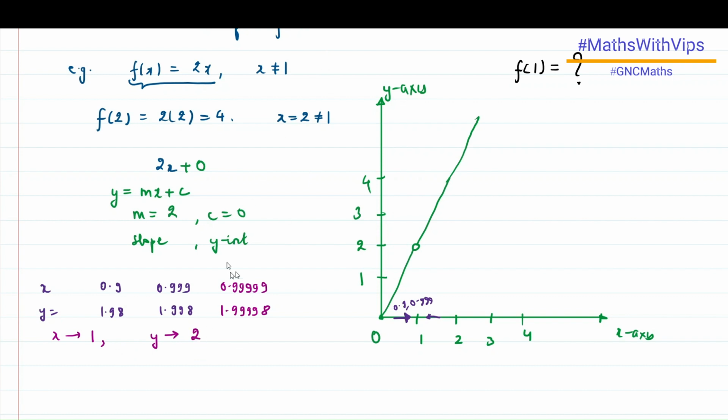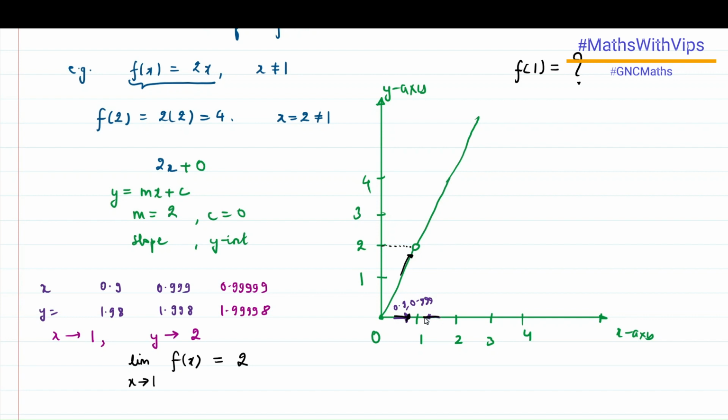This gives rise to the definition of limit, and notation wise we denote it like this. LIM is the short form for limit. Limit x approaching 1 of f of x, and the output is going to be 2. It can be clearly seen on the graph that as x approaches 1, the function is approaching this circle, which is y equal to 2.